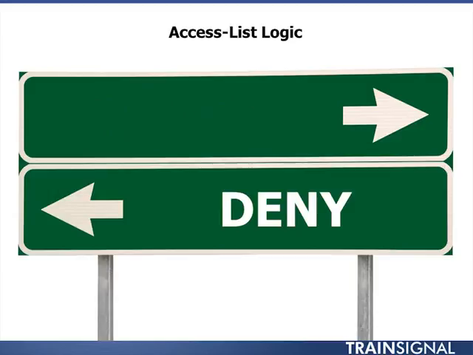The next keyword is deny, and it probably goes without saying that deny is the opposite of permit. It means to drop the packet, to filter it, to discard it. Again, the actual effect may be a little different in terms of route matching in routing protocols, but for packet filters, which is really what we're talking about, it just simply means drop the packet.